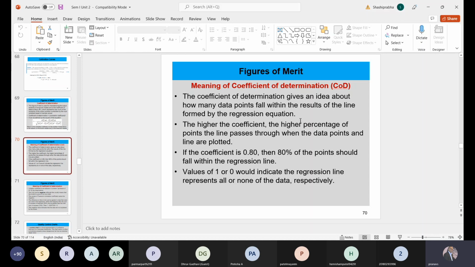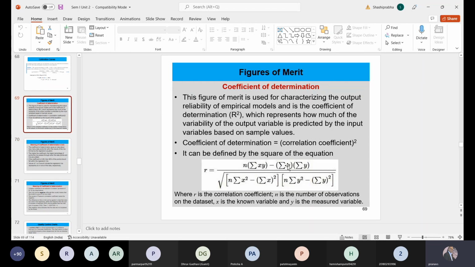Fine. We left here. The last thing which we covered was figures of merit, in which we discussed the coefficient of determination, and that value comes out from the correlation coefficient. This was the slide, where R is the correlation coefficient.